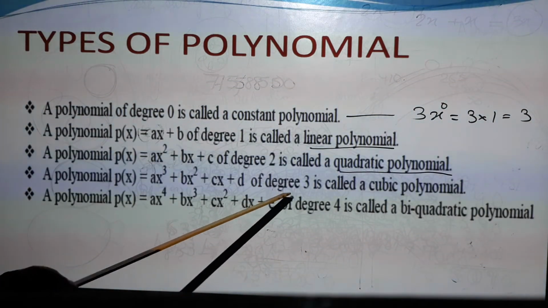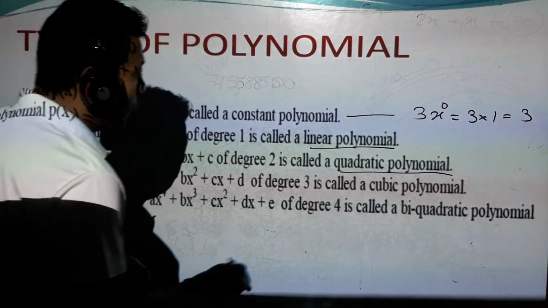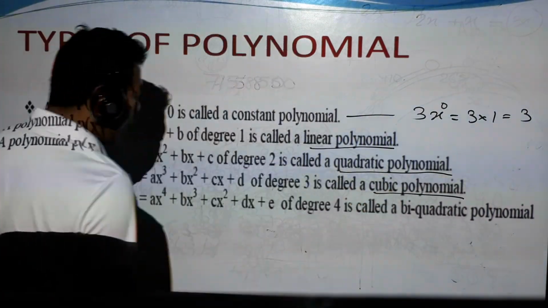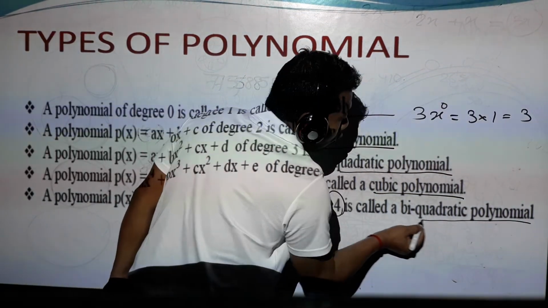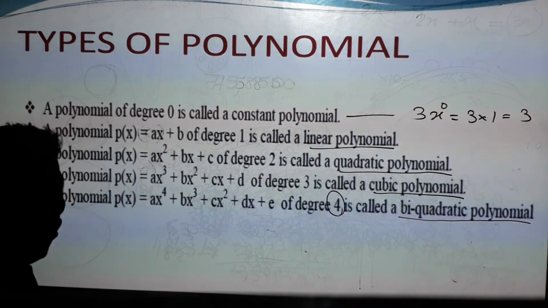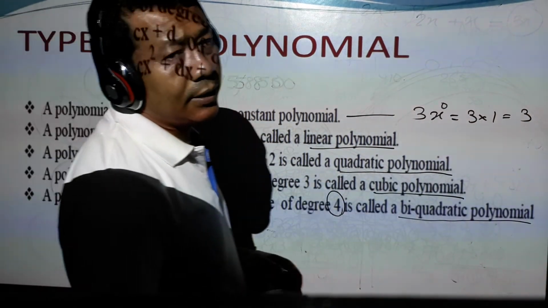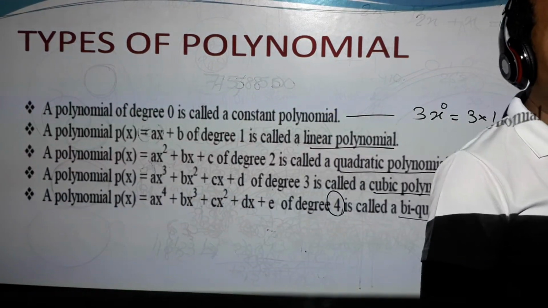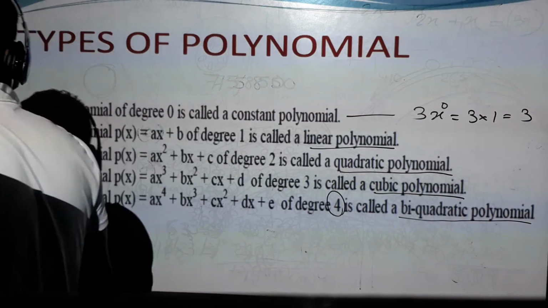Likewise, if the degree is 3, the polynomial is called a cubic polynomial, and if the degree is 4, it is called a biquadratic polynomial. So I hope you understand what linear, constant, quadratic, cubic and biquadratic polynomials are. Let's see next.